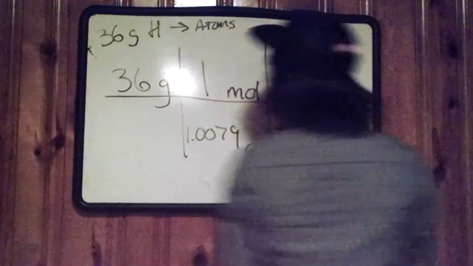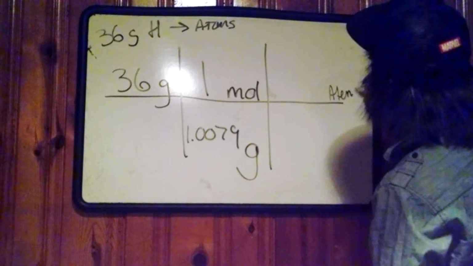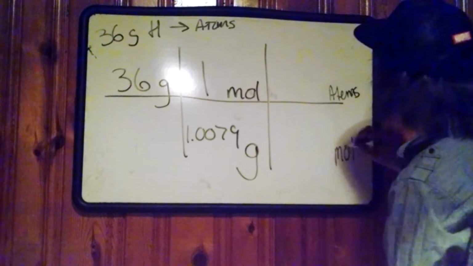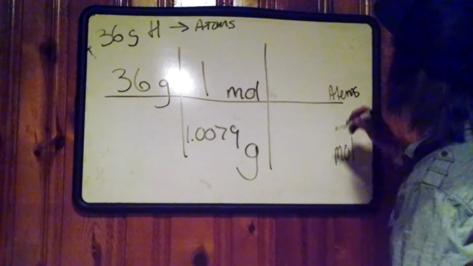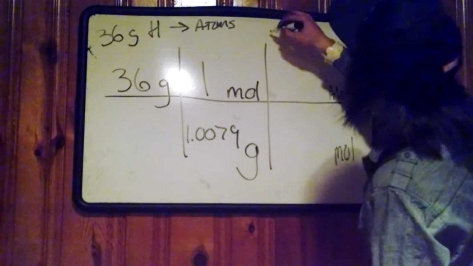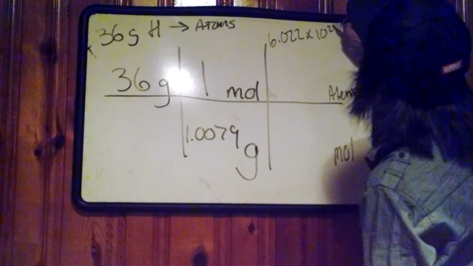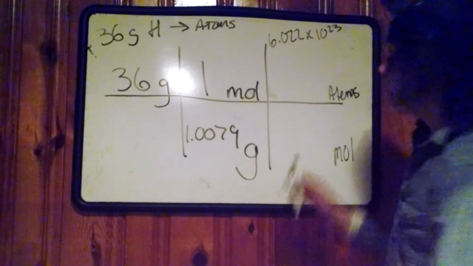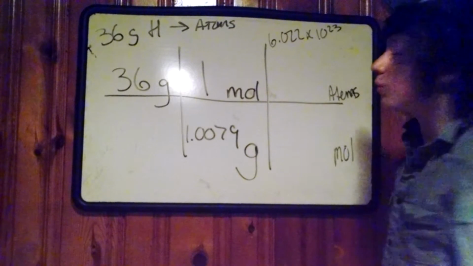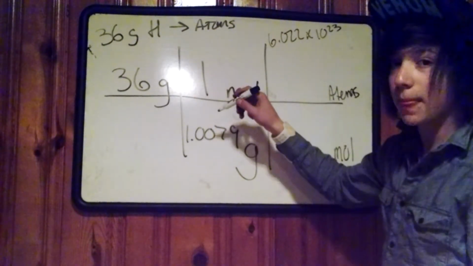Well, since we're converting to atoms, we place atoms over here as our final conversion, and we place what we're going to divide by to get rid of, which is moles. Now, Avogadro's number is 6.022 times 10 to the 23rd power, meaning that there are 6.022 times 10 to the 23rd power atoms in 1 mole of a substance.